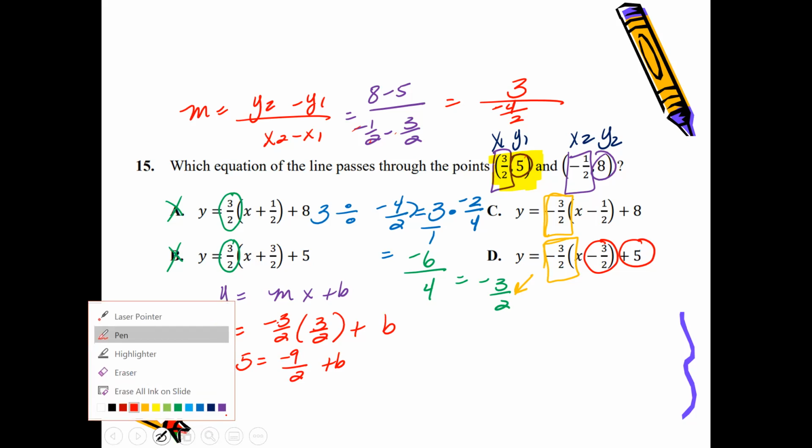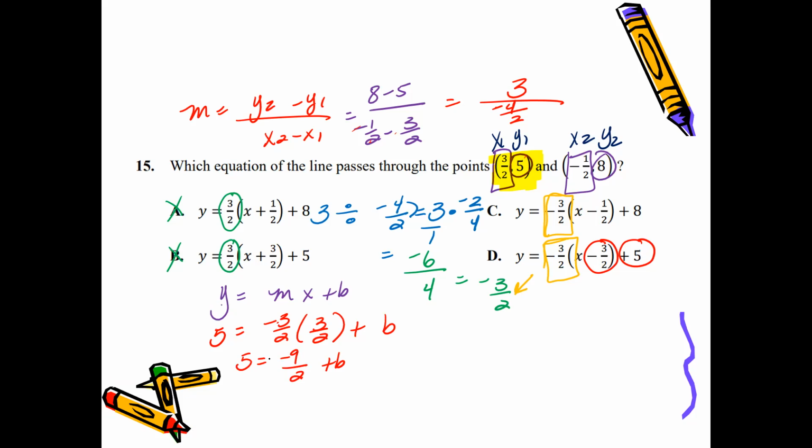In order for me to solve for b, I will have to add the 9 over 2 on both sides. So b is equal to 5 plus 9 over 2. And here, if I make that a 2, that becomes a 10. So I have 19 over 2.